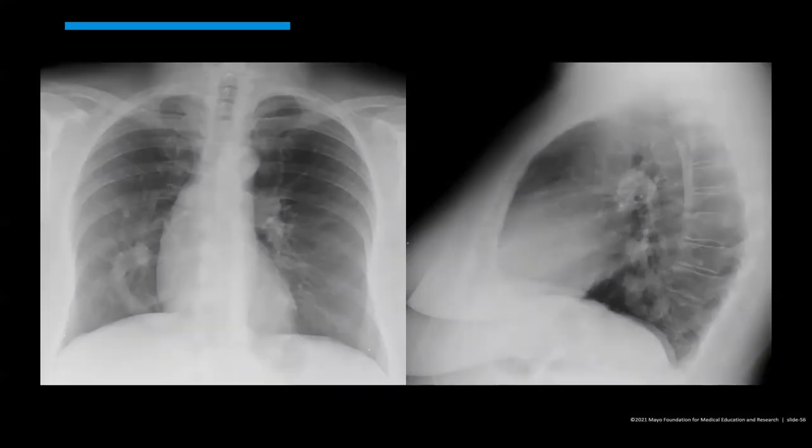Okay, next case is a patient who presented with a cough. Now, you expect to have some of your cardiac imaging cases be chest X-rays. And we have a frontal radiograph on the left, lateral radiograph on the right. And I'll let you look at that for a little bit.